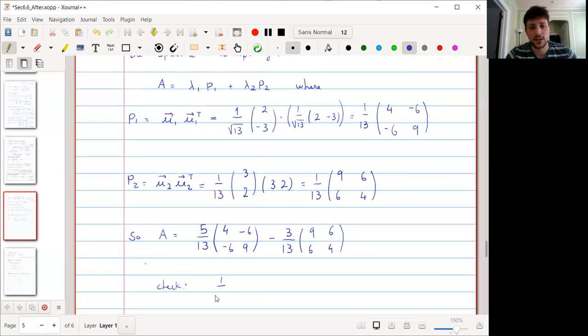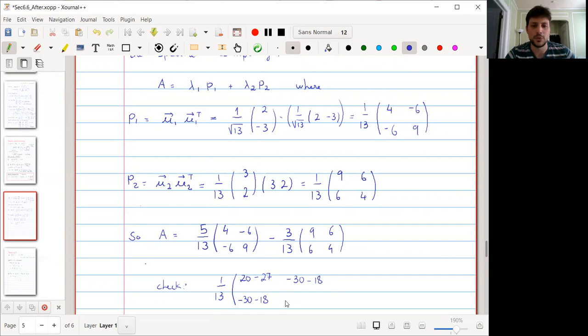Why don't we do that? This is 1/13, and then we have 5 by 4 is 20 minus 27 up here. Then we have 5 by -6 is -30 minus 18. And here also we get -30 minus 18.